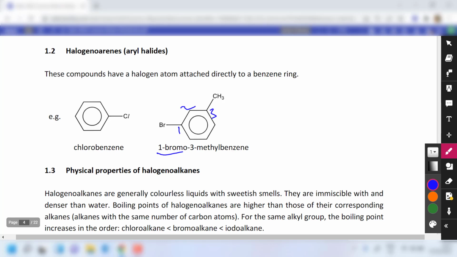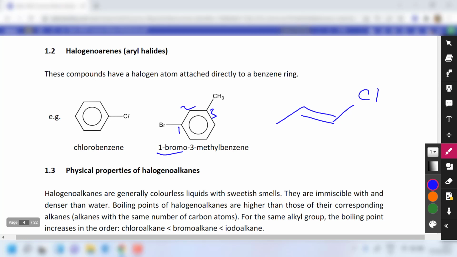Yeah, so these are called halogenoarenes. Okay, then some of you might be asking, what about the chloro group directly bonded to an sp2 hybridized carbon, which is part of an alkene? Yeah, so these are called chloroalkenes, or you can just call them halogenoalkenes.